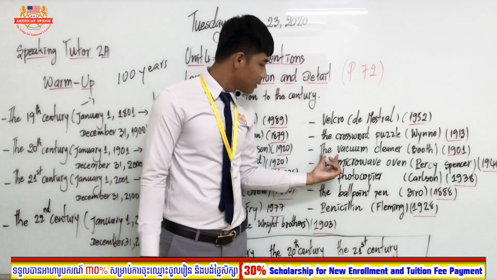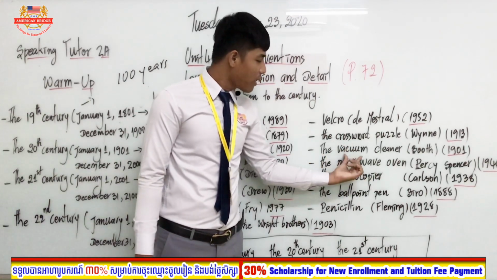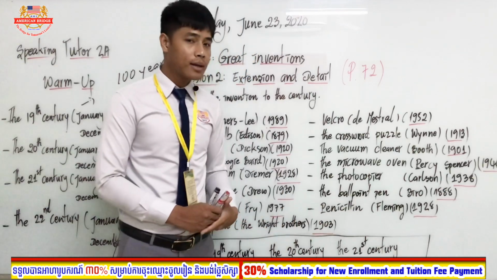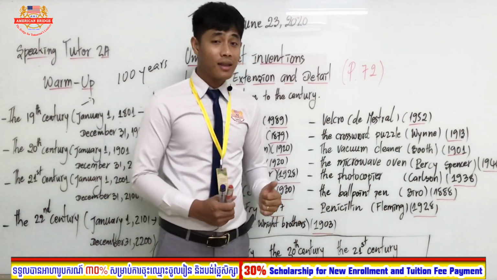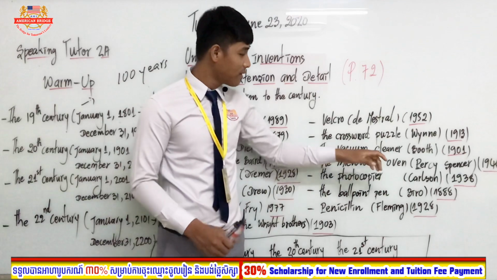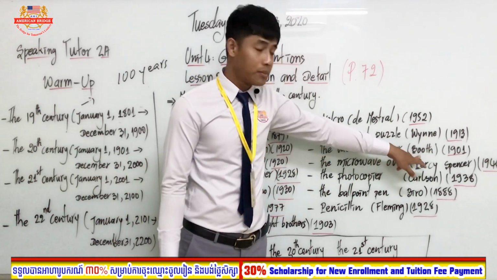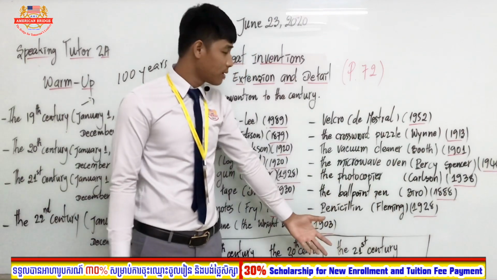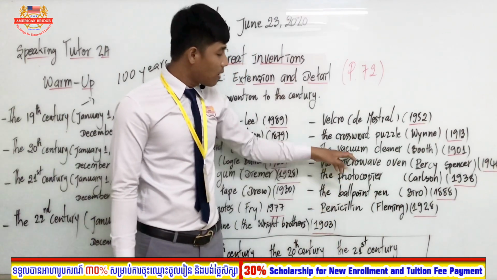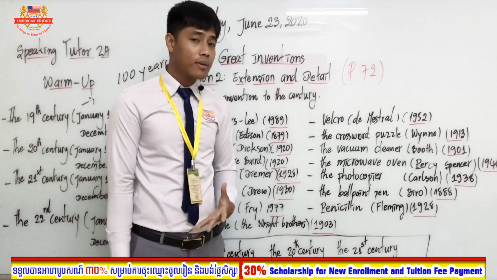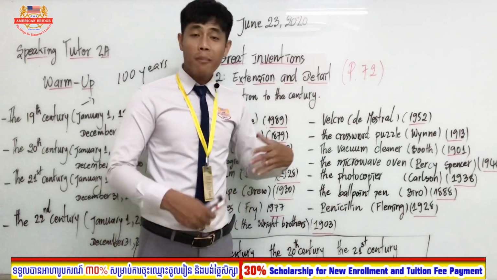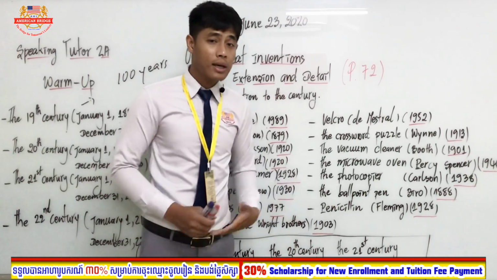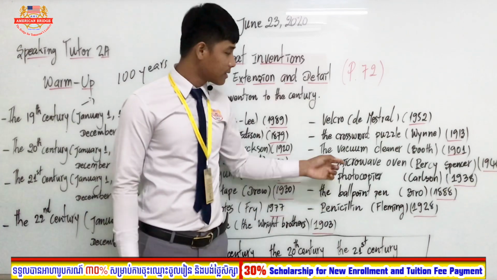Next, the vacuum cleaner. It's a cleaning machine that was invented by Mr. Booth in 1901. So a vacuum cleaner is a machine used to clean the floor, like this.